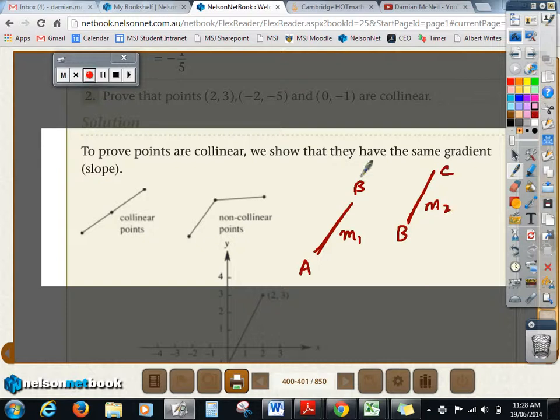And because they share the same point together, they must form A to B and then B to C. Because they have the same gradient, this slope here is the same as this slope here, and they share a common point, they must be one straight line. So to prove points are collinear, you show that they have the same gradient and a common point. So that's the secret of collinearity, or if that's a word.